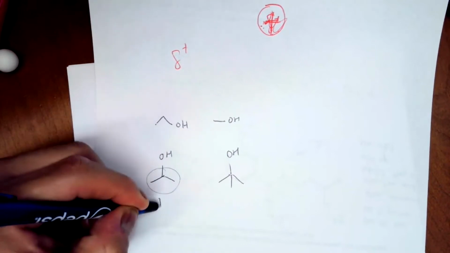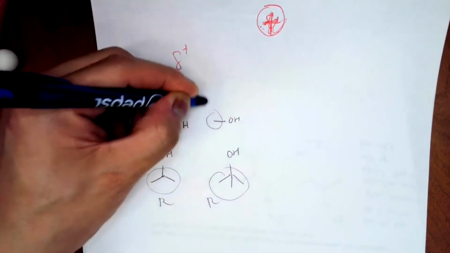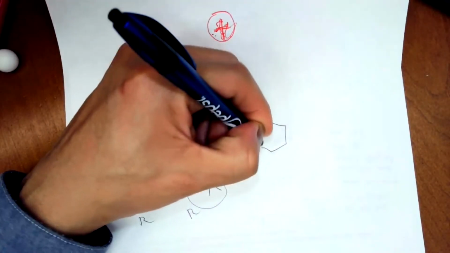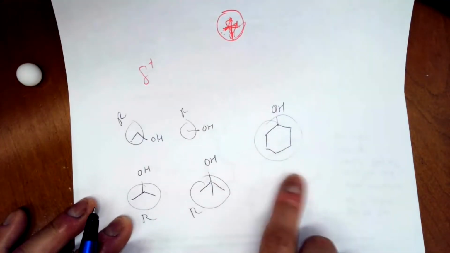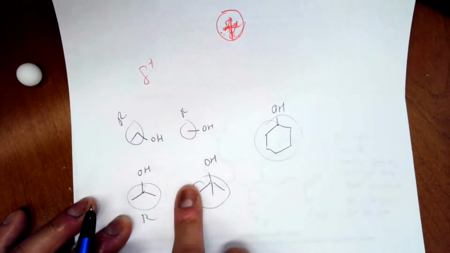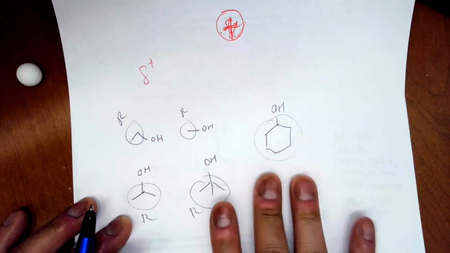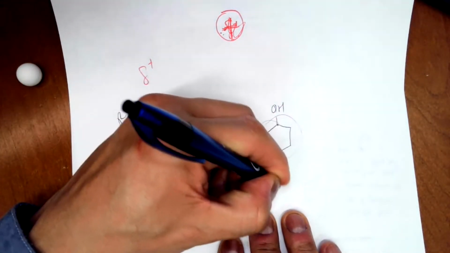Really, this is what R means. This is R, this is R, this is R. What about cyclohexanol? Yes, that's also R. Anything that has an alkyl chain, any carbon chain attached to it, is an ROH, any alcohol.